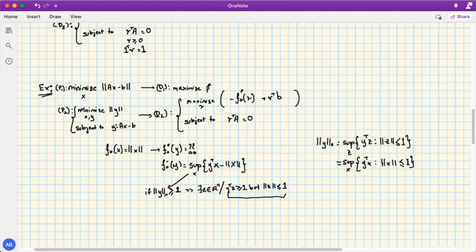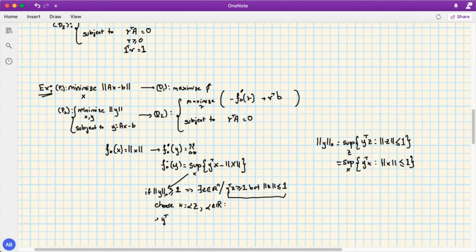So if I choose my x to be alpha z, where alpha is in R, then this term that I'm finding the supremum of becomes y transpose alpha z.